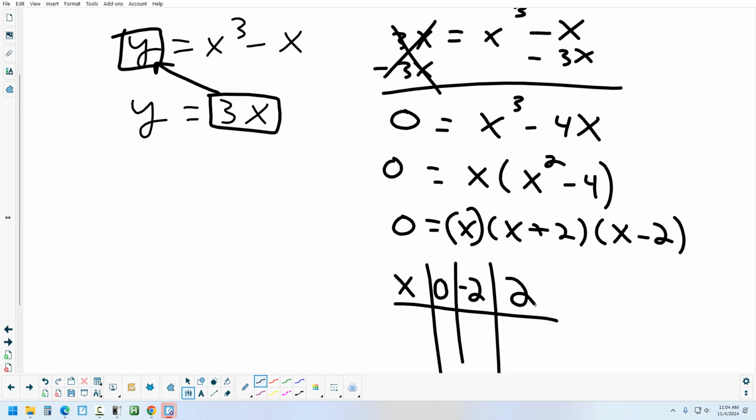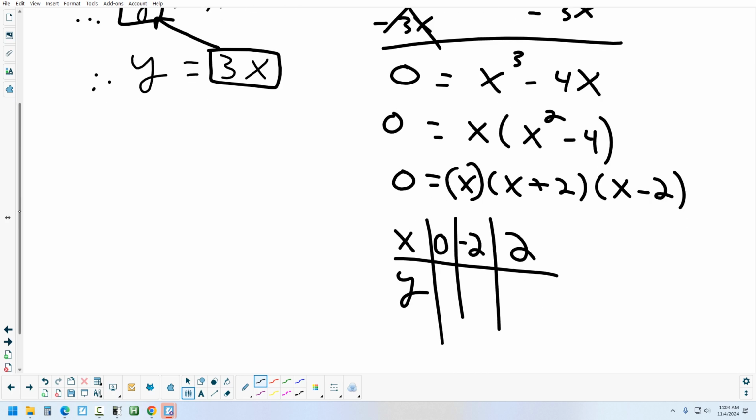We still need to get the y's. Which formula? Both of these formulas generate y values. You can cube it and then subtract itself, or you can just triple. Which one do you think is simpler? I would say just triple each x value. And there's your y values.